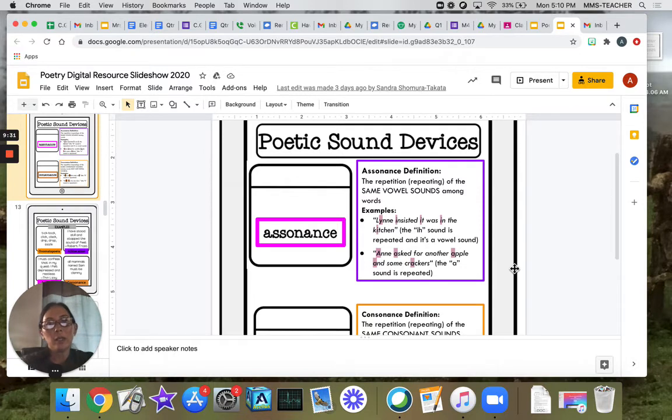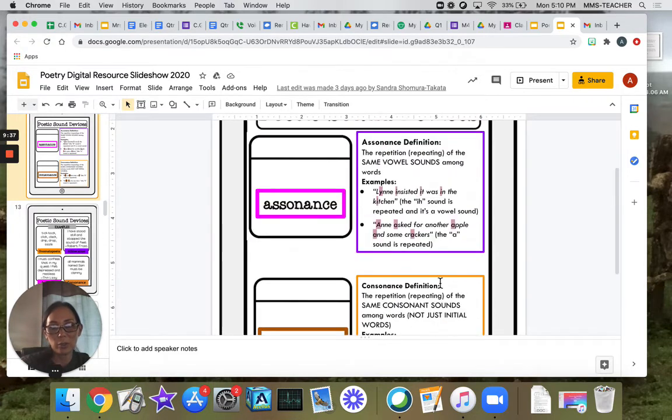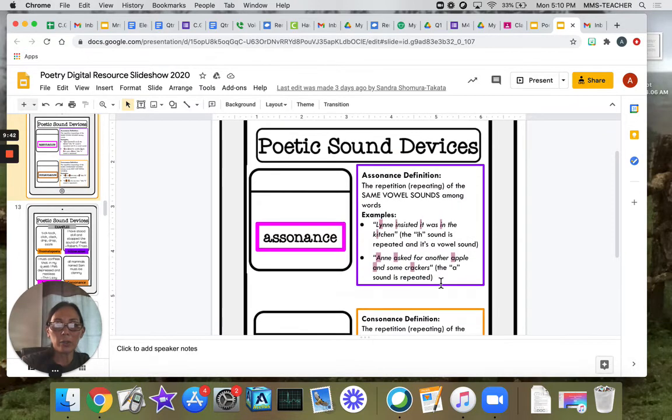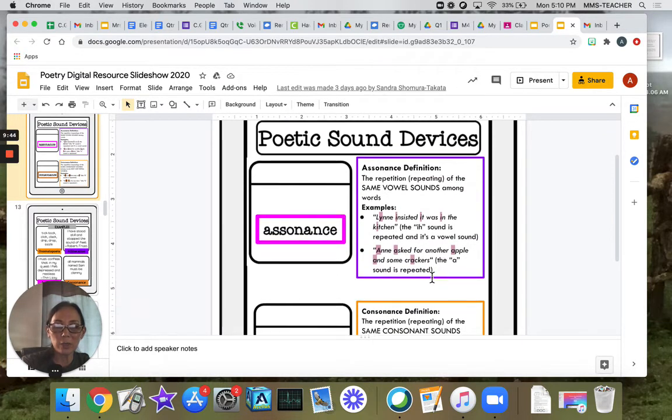So Monday, the 2 sound devices that we'll be working on are assonance and consonance. So let's find out what this is about. The definition for assonance is the repetition of the same vowel sounds among words. For example, Lynn insisted it was in the kitchen.